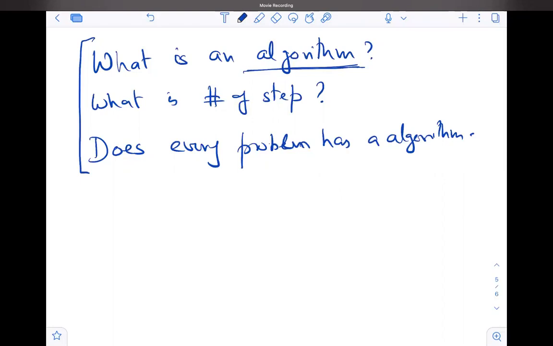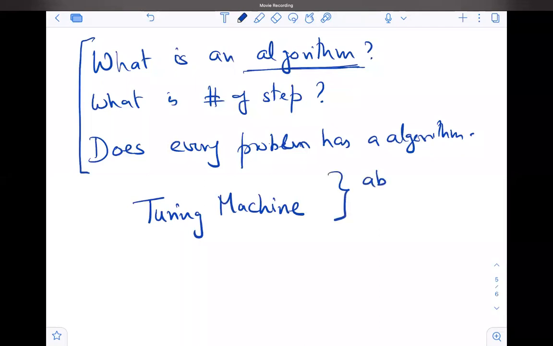That model, or that machine if you want, is known as the Turing machine. Turing machine is not a real machine. It is an abstract machine, or abstract logical step-by-step operation.